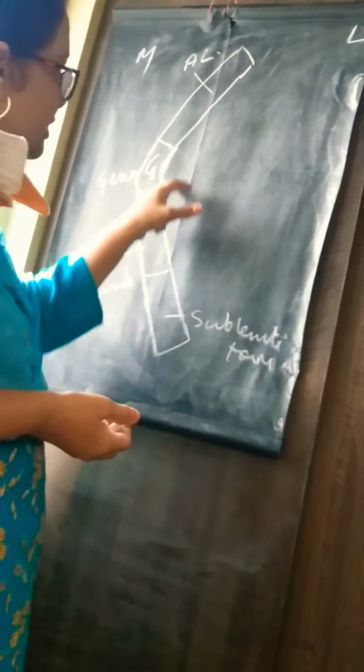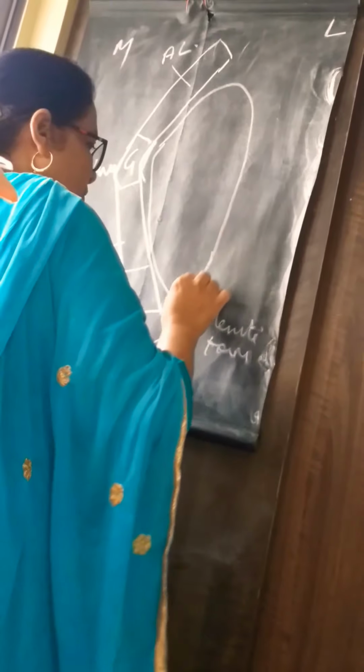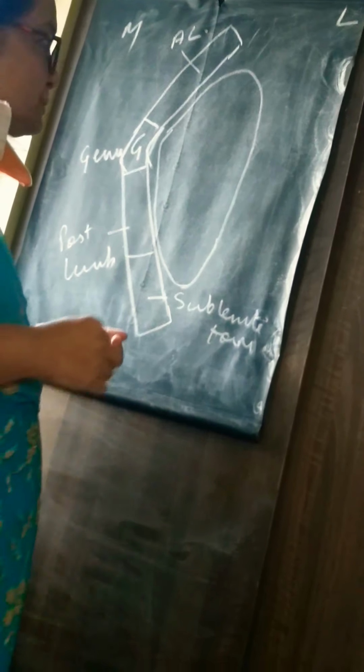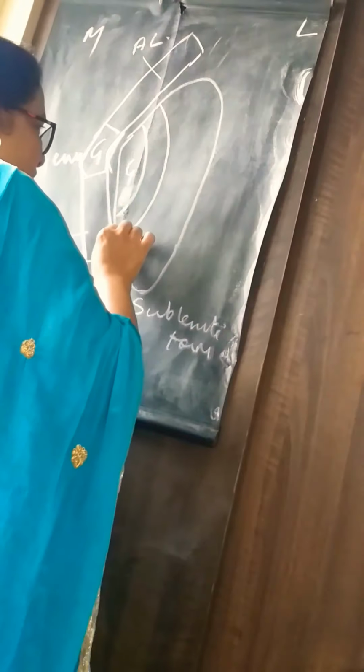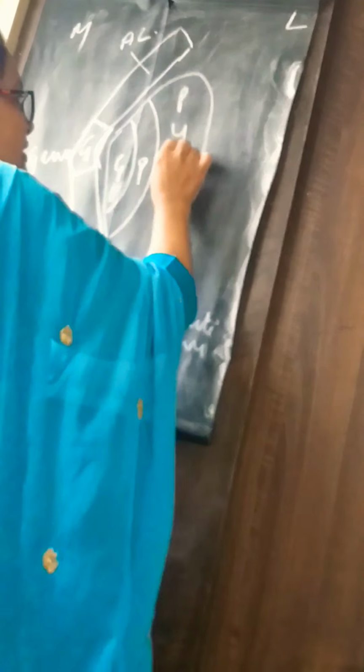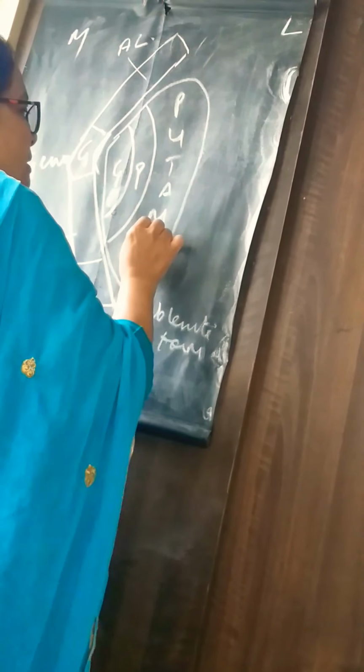Within the concavity of the internal capsule, with the lateral side here and the medial side here, there is the lentiform nucleus, which consists of the globus pallidus and this, the putamen.